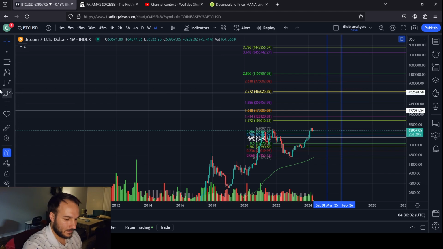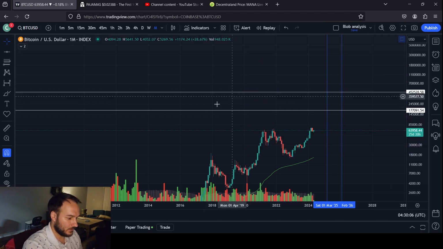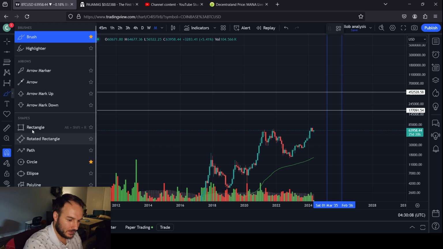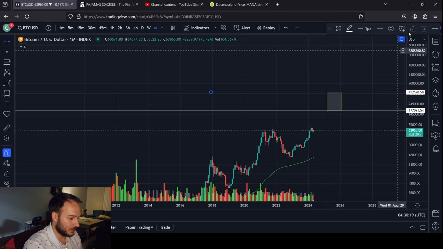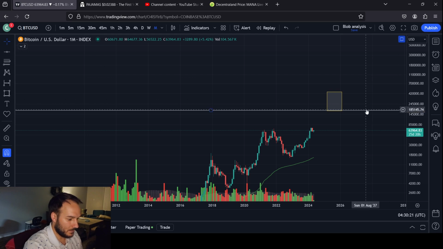So if we take away the fibs now, this is our area, and if we were to draw a rectangle in this zone and delete all the lines, well, we've got a nice little pretty golden box up there.